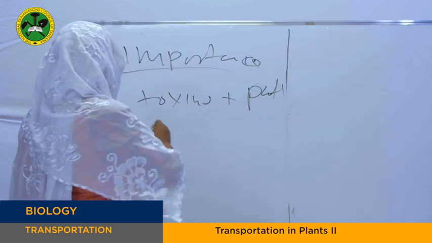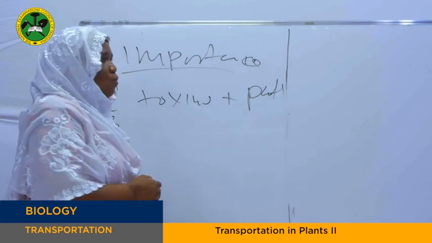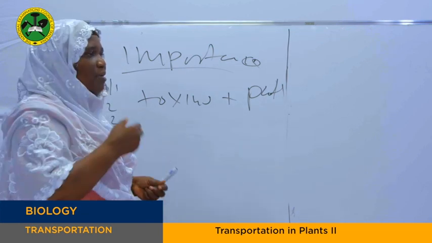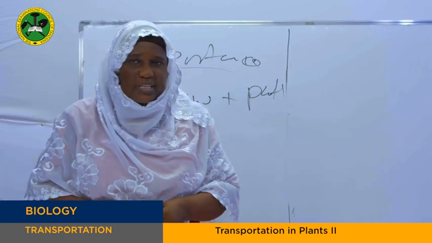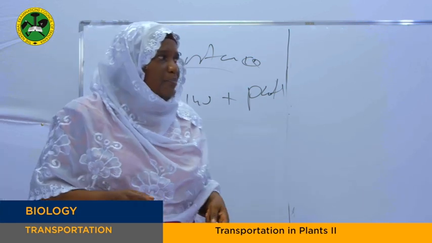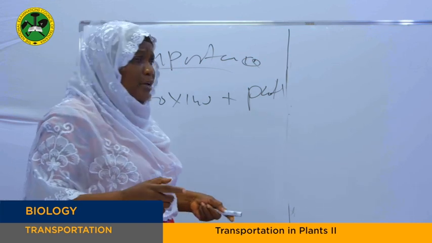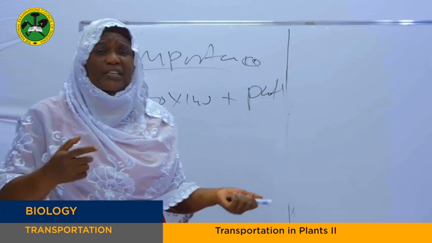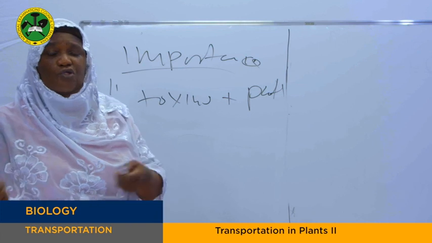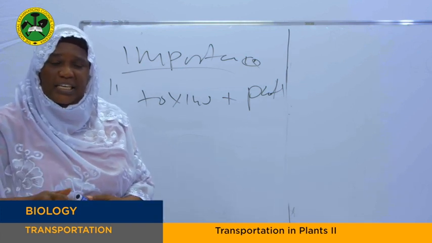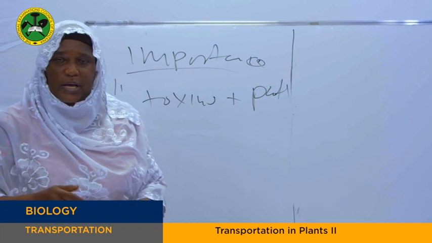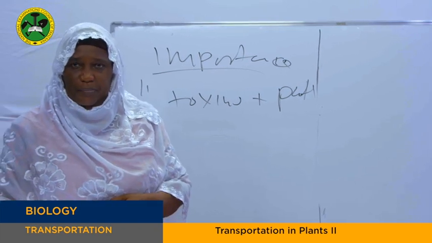Apart from that, when water and mineral salts are forced to enter the protoplasm of the endodermal cells, it enables active secretion of salts into xylem vessels.